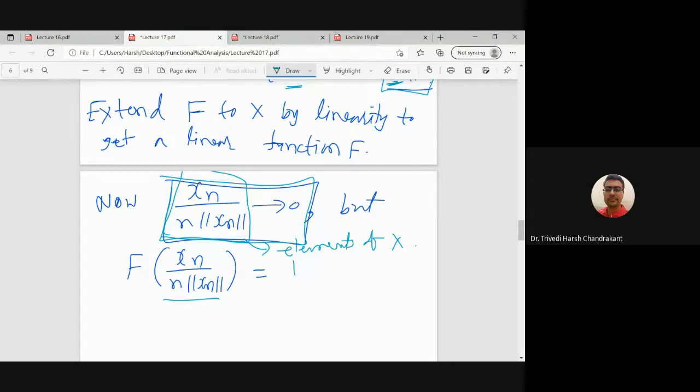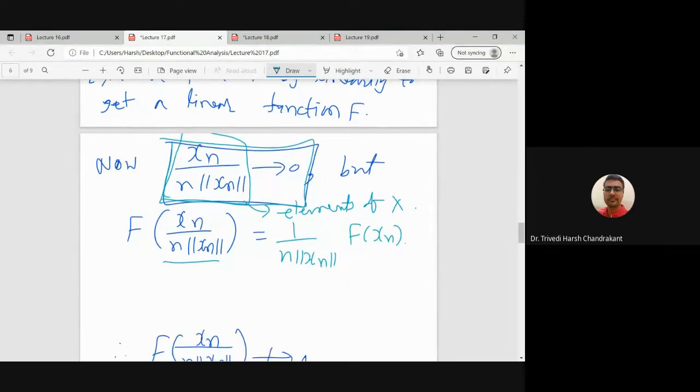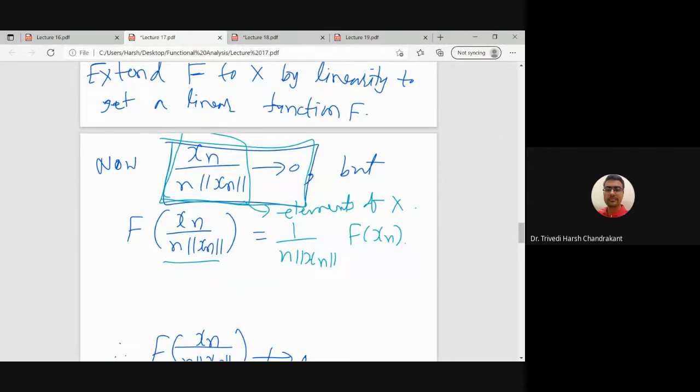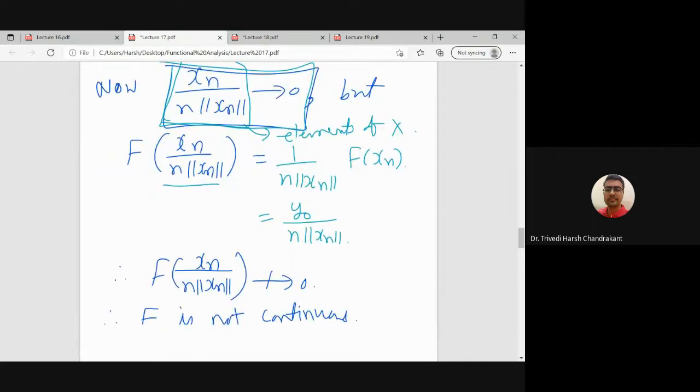So that is 1 upon n times norm xn times f of xn. Now this f of xn is y naught. So this is y naught divided by n times norm xn. Y naught is a constant number.